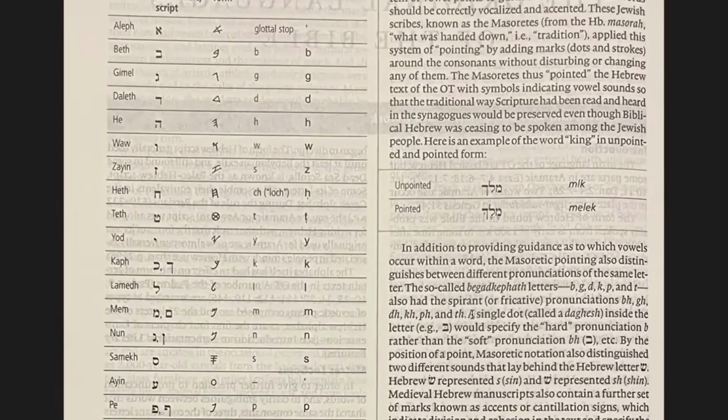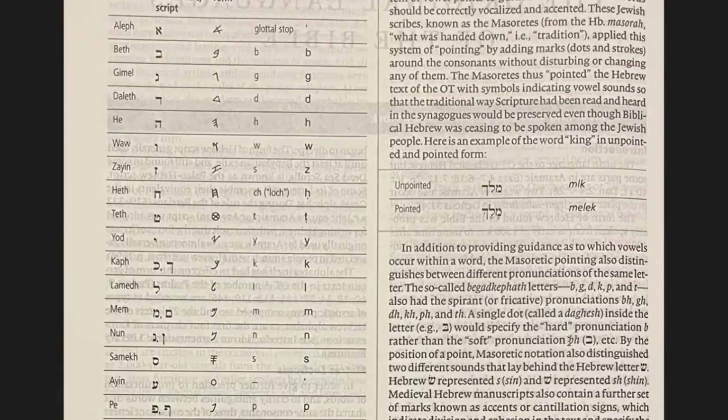So first time going through this, as I said before, I don't know Hebrew, so I'm trying there. A single dot called a dagesh inside the letter, for example, and they give an example of a dot inside a letter, would specify the hard pronunciation b rather than the soft pronunciation. Oh, okay.